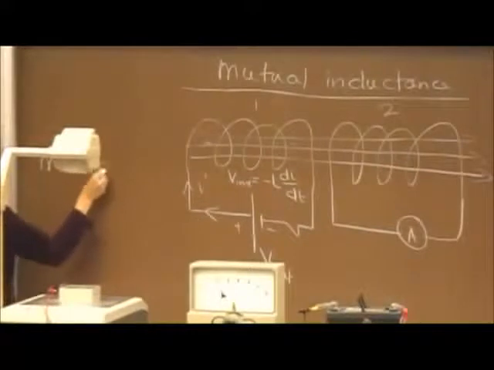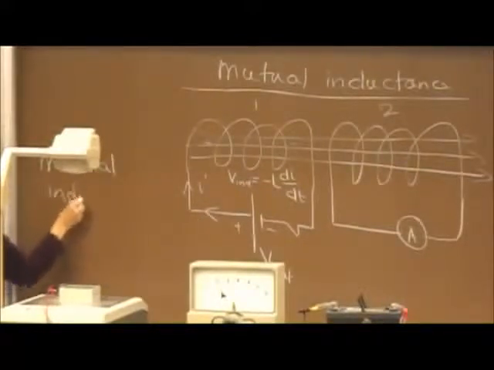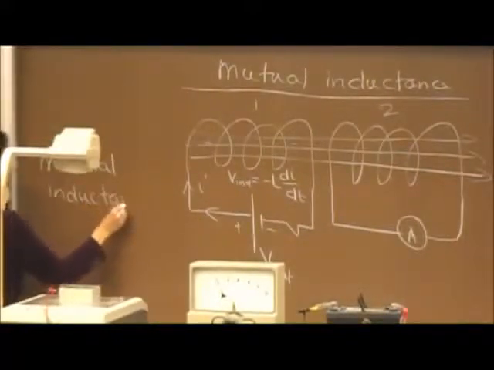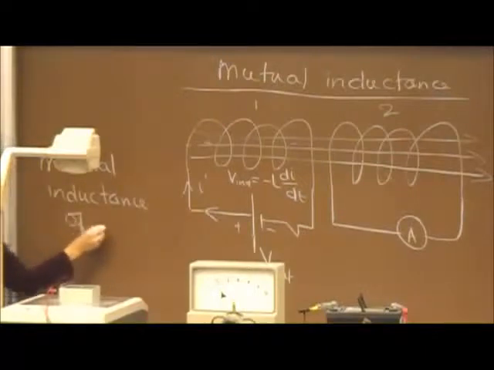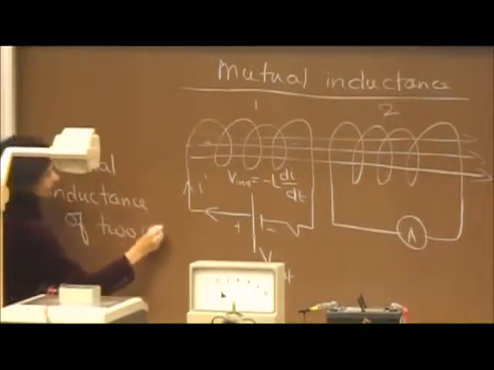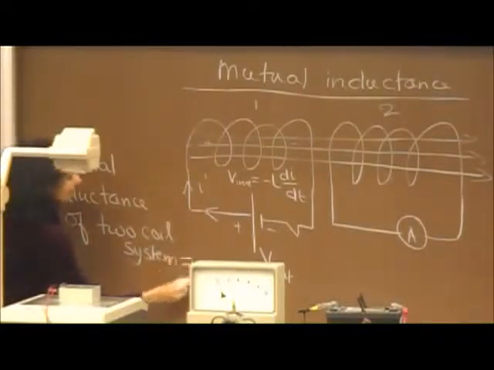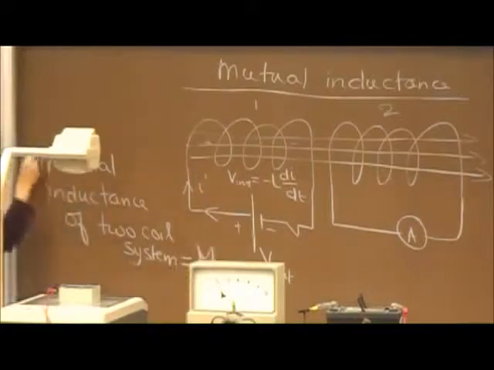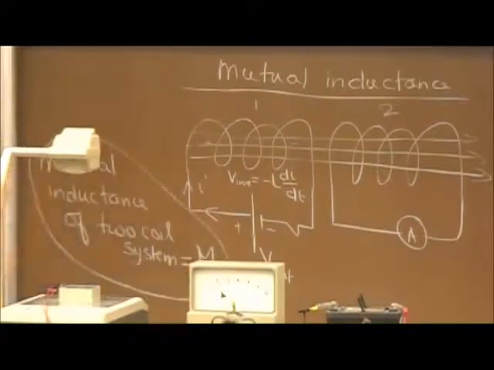We can now define some quantity called mutual inductance of the two coil system, and we are going to give it the name M. This thing called M is very much like that quantity called L, which is the self-inductance of a coil, which is just for one coil.